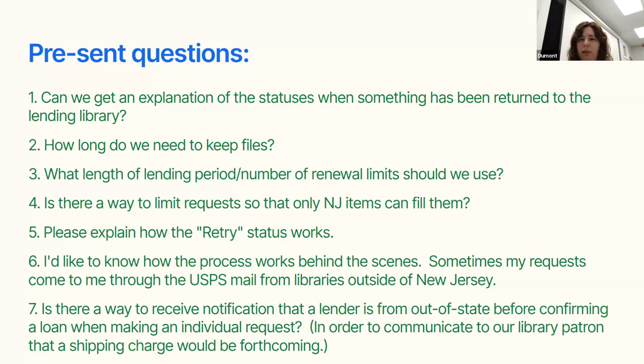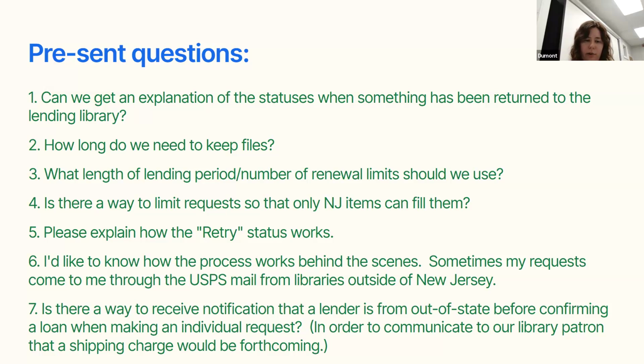So if you are getting it from USPS mail, that means that you more than likely got it from out of state. And as I mentioned in the borrower notes, you would just put in state only if you want to keep your request in state.